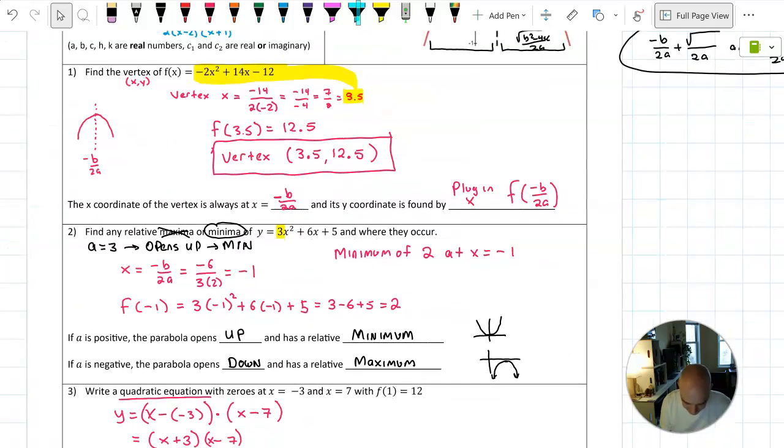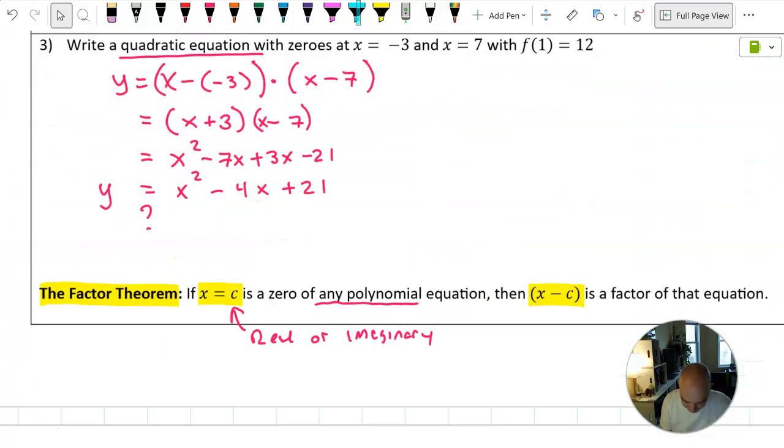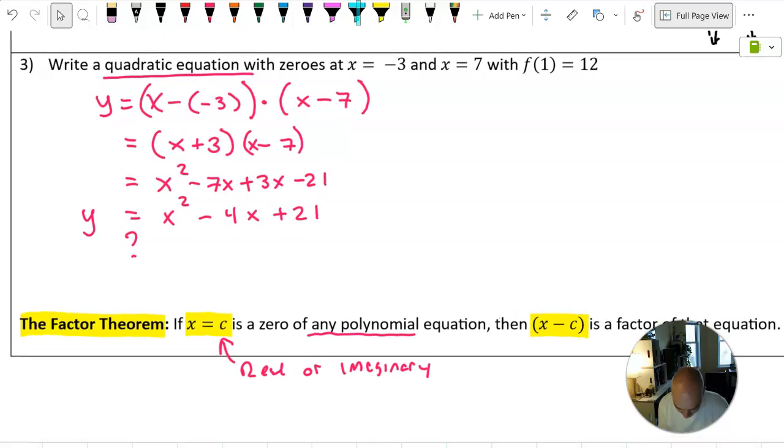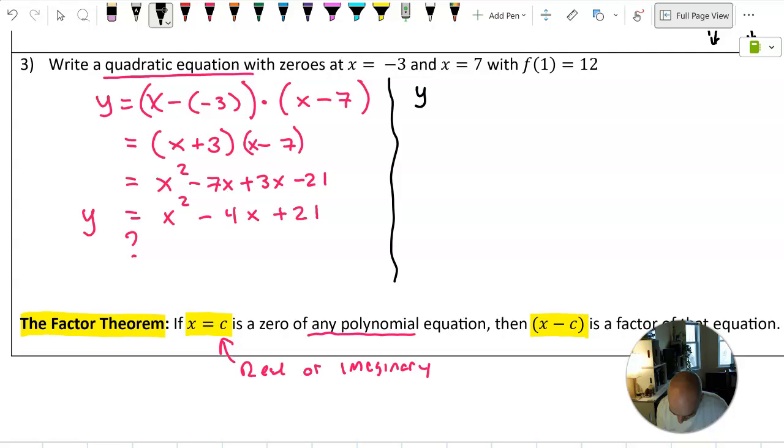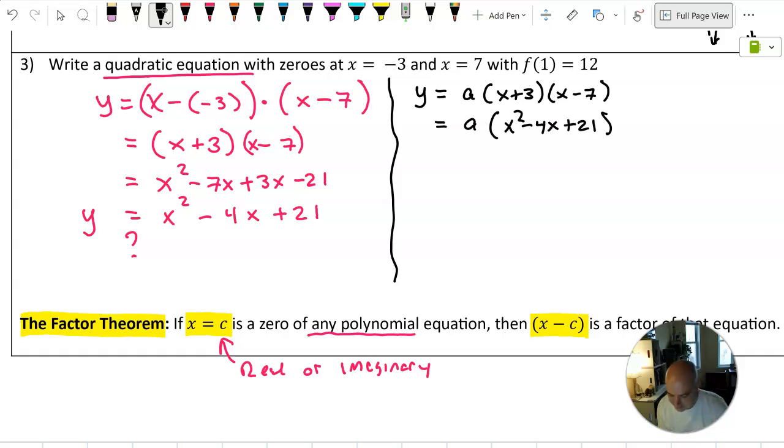We use the letter a for that, so we're going to say that our real equation has y equals a times x plus 3, times x minus 7, or a times x squared minus 4x plus 21. And we're going to solve for that coefficient and figure out what it is.